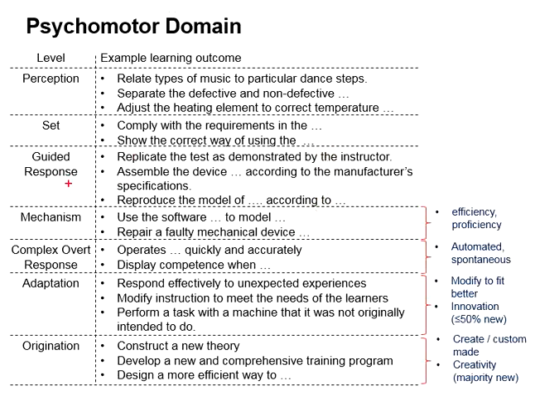Now, if you look at the examples in the guided response and the examples in the mechanism, you will see that the guided response emphasizes more on replication and reproduction. As for the mechanism, it sounds more like application of certain skills to carry out the task.